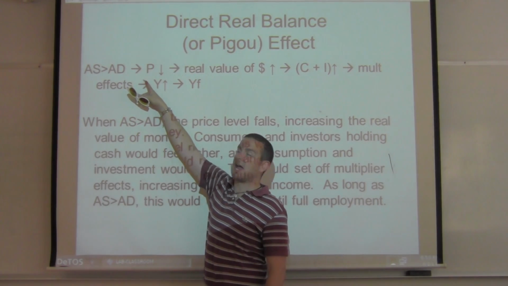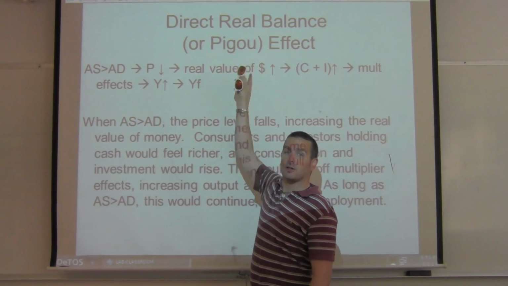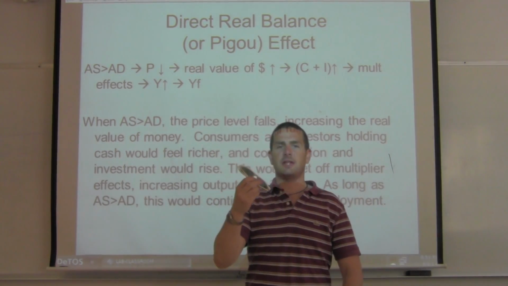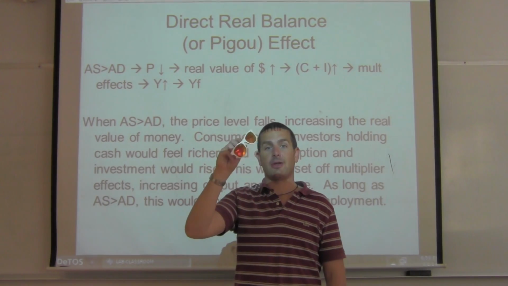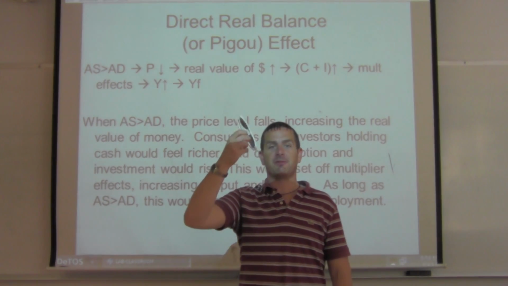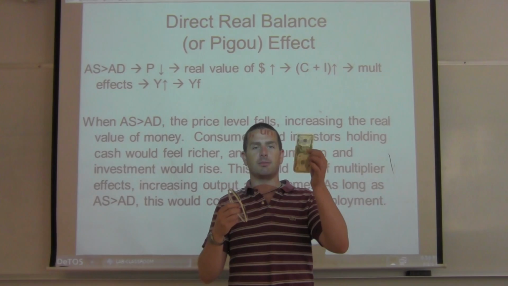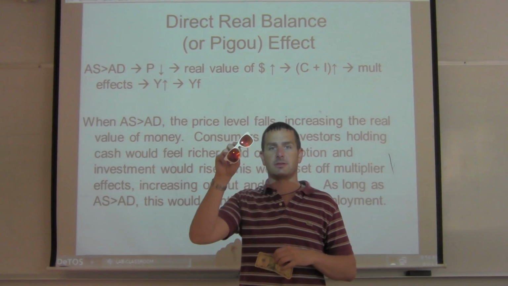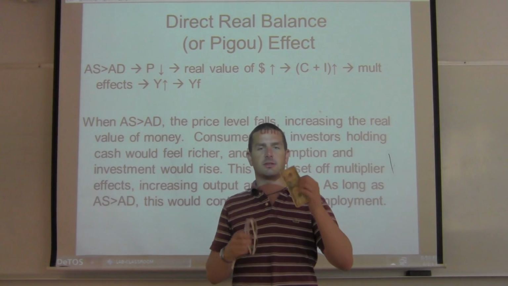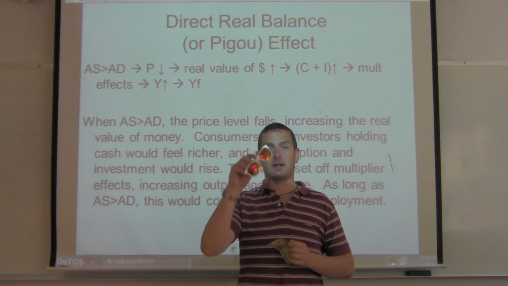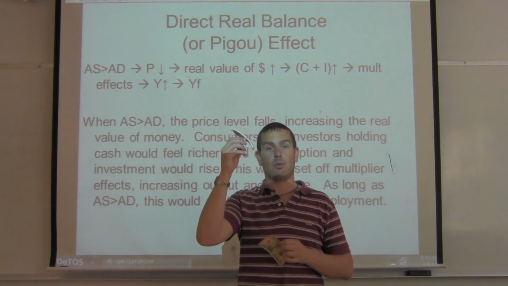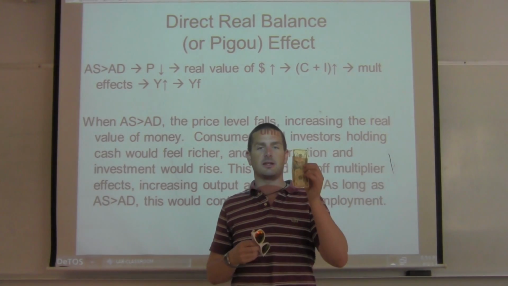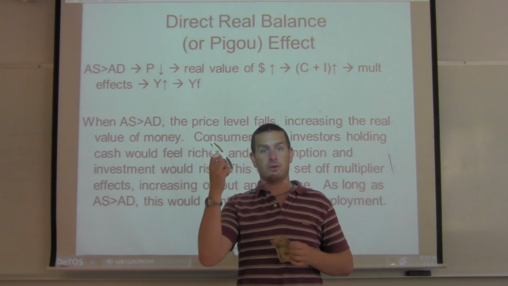If prices go down, the real value of the dollar goes up. Maybe these were 10, but now they're 5. Well, if these become $5, I can, with this piece of paper, buy 2 of these. $10 used to take one of these to get one pair of these. Now it takes one of these to get 2 of these.